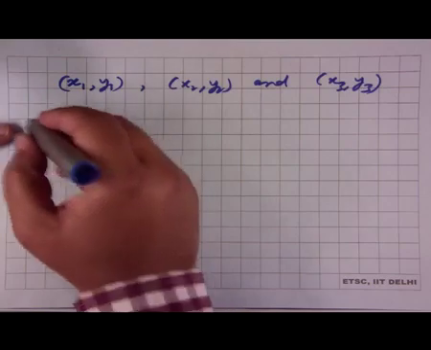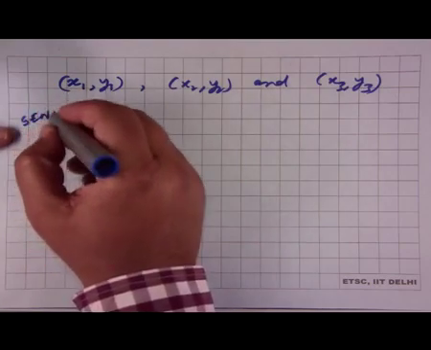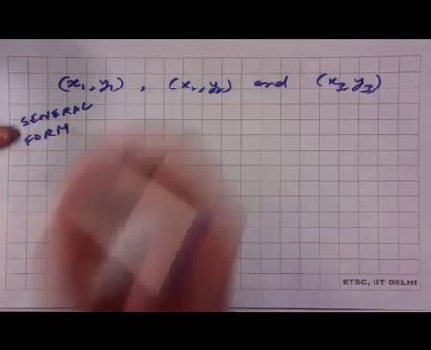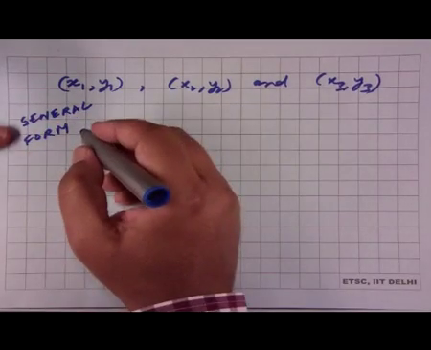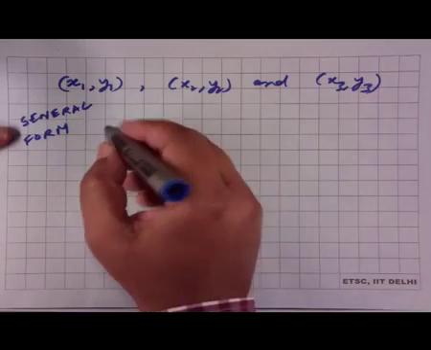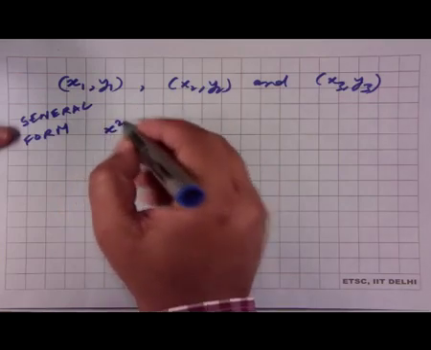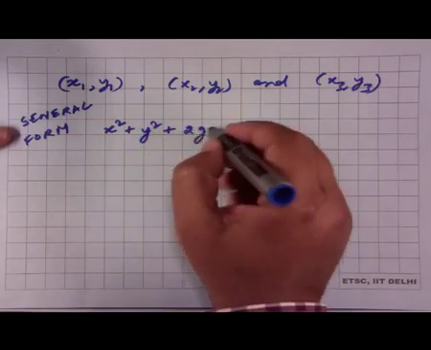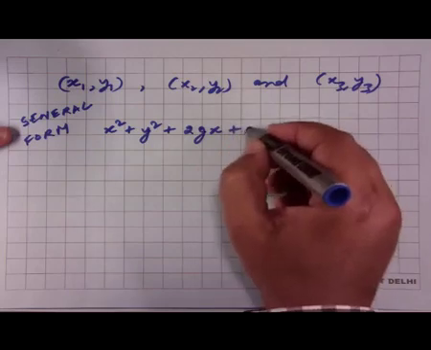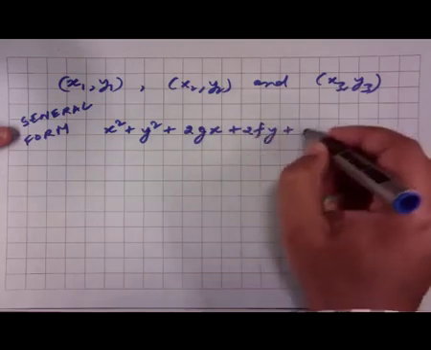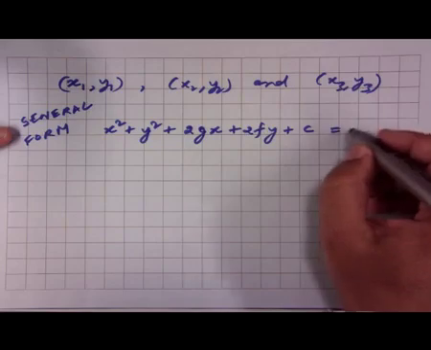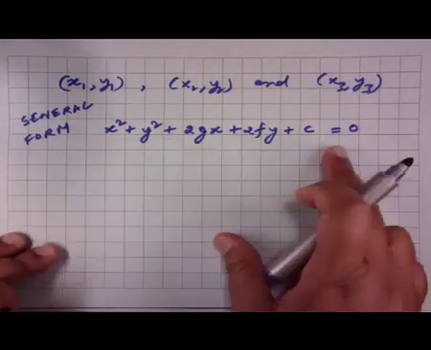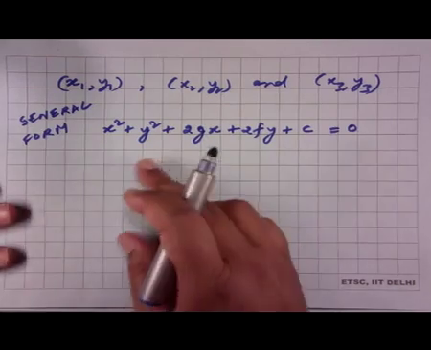In this other method, we use the general form of the equation of a circle, which is given by this equation, and we have already seen this in the previous lecture.